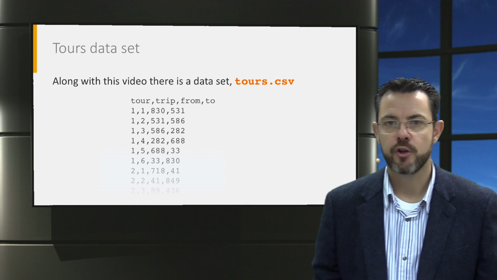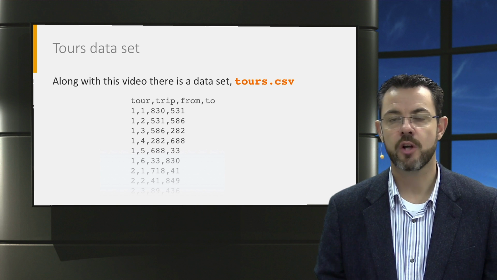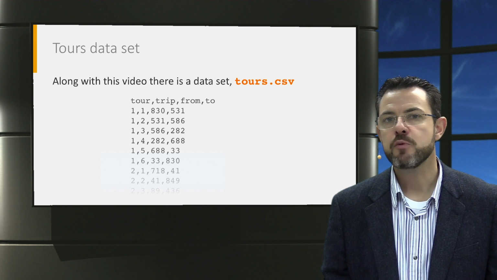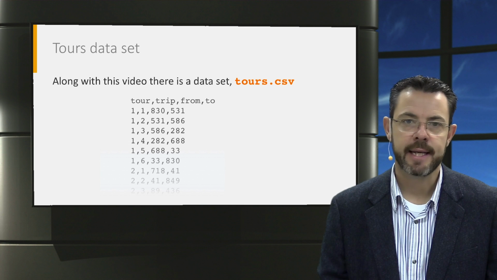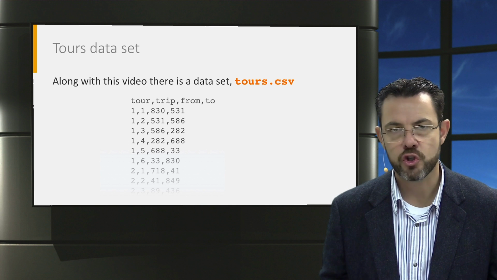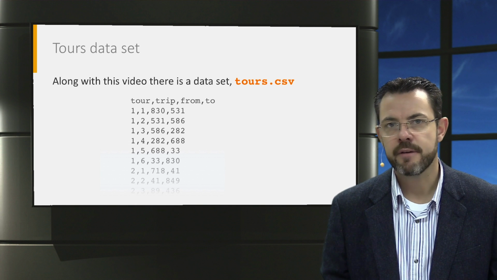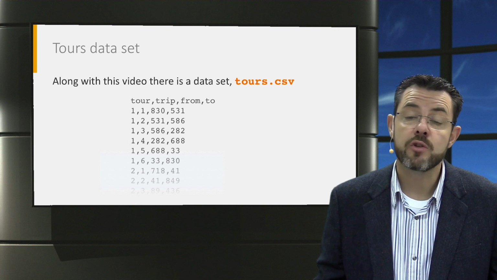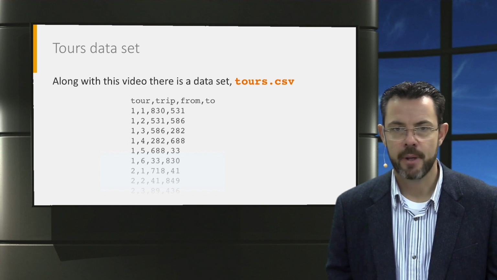Along with this video, you should have access to a comma-separated value file called tours.csv, in which we've given you a whole bunch of tours of commercial vehicles traveling in an urban setting. Unfortunately, in this video, we cannot give you their locations because that is sensitive information. That is also why we simply refer to each of these facilities by a number.